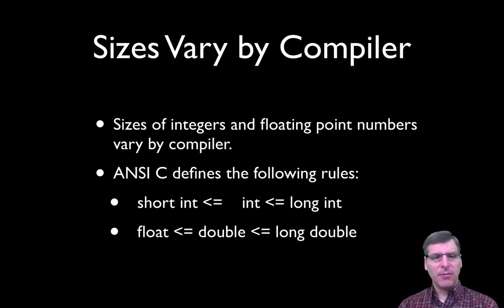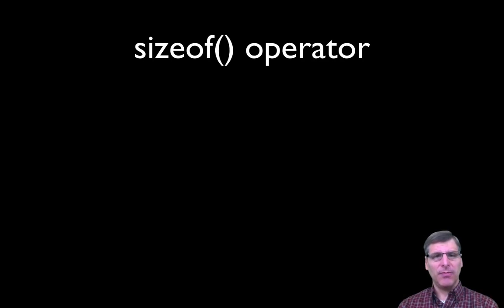So first of all, ANSI C defines that a short int in terms of size has to be less than or equal to the size of an int, and an int should be less than or equal to the size of a long int. Similarly, for floating point numbers, a float should be less than or equal to a double, and a double should be less than or equal to a long double.